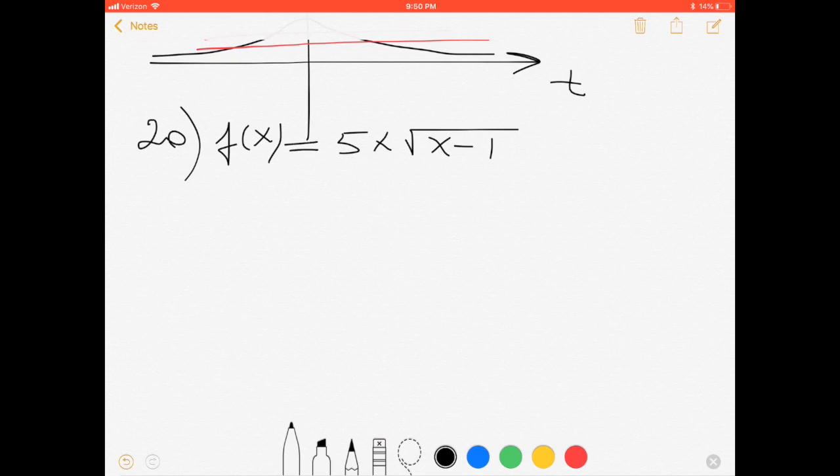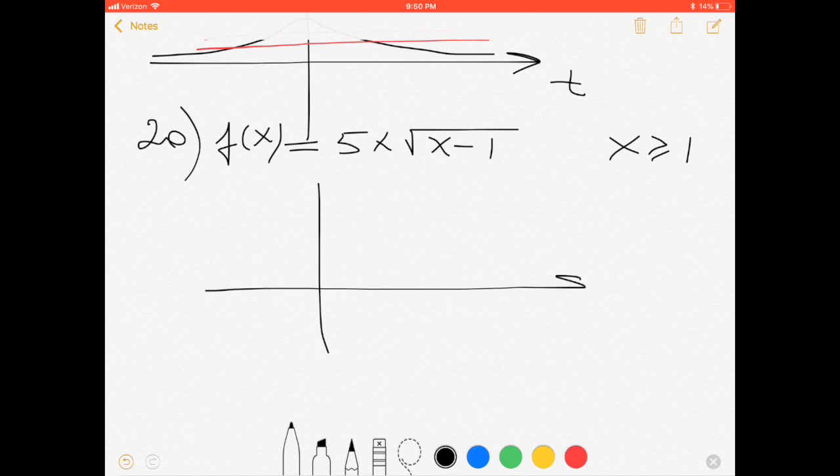Okay. Here the domain of this function is x greater or equal to 1. Remember, because inside the root can stay only a non-negative number. And if you try to build the graph of this function, for 1 it equals 0, for 2 it is equal to 5, and so on.